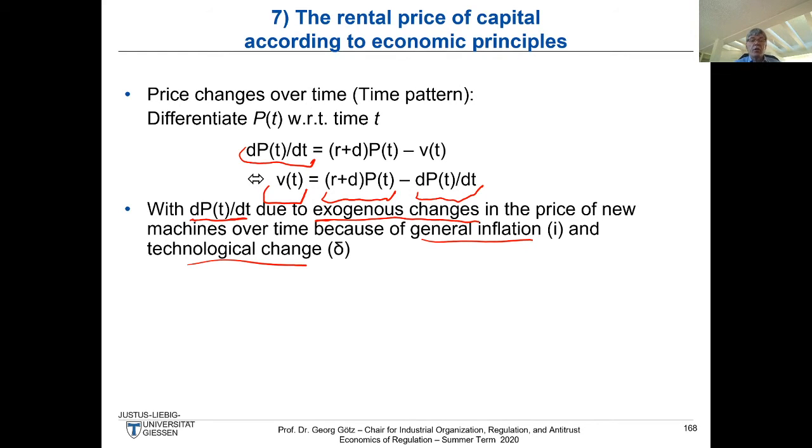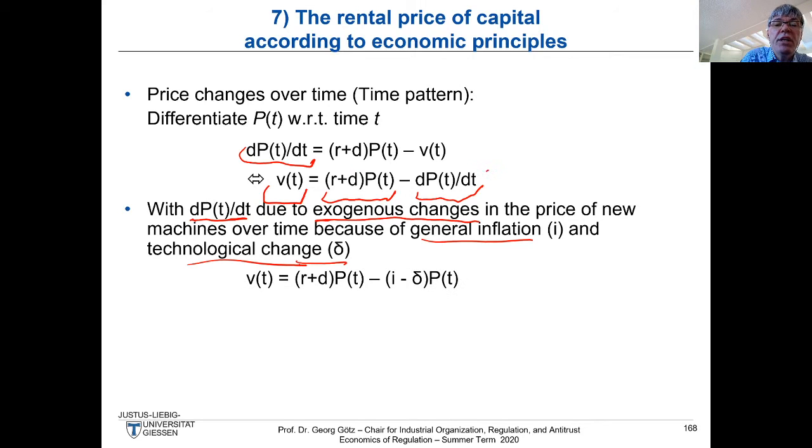If general inflation is 5%, the price of this machine will increase, and you will next year have a higher value of machine, abstracting from depreciation, because with inflation a new machine will be more expensive. At the same time, if you have a positive rate of technical change, your machine will get outdated. And that's what we have here.